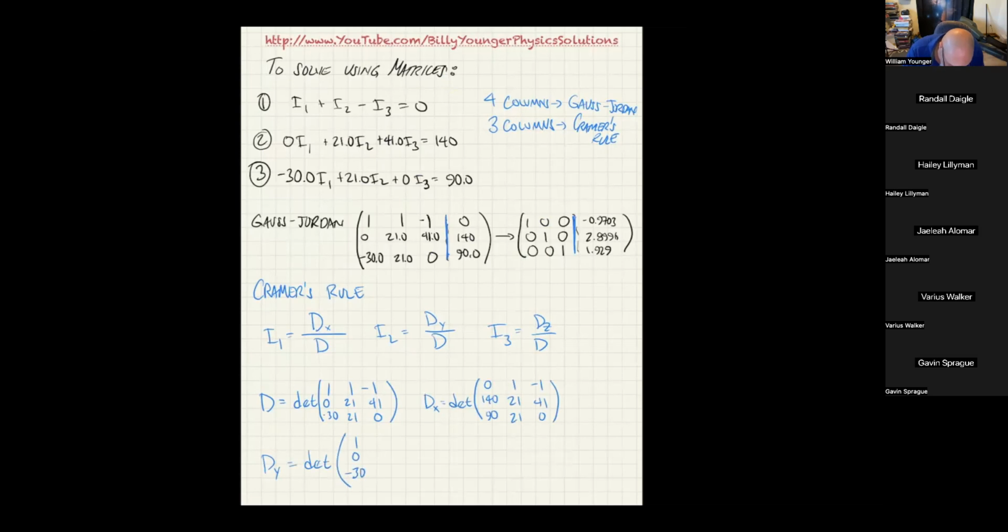Now I'm going to replace the second column with the answer column, which would be 0, 140, 90. And then I'll leave the last column, which is negative 1, 41, 0.